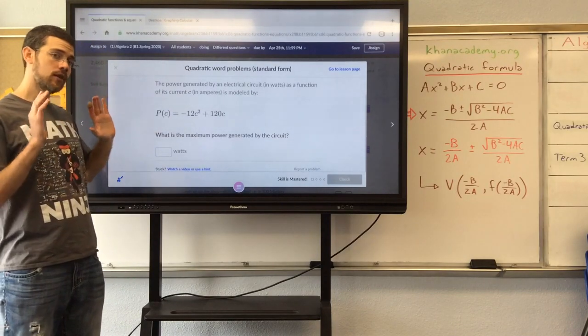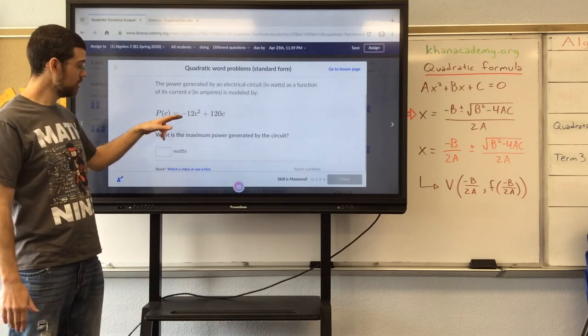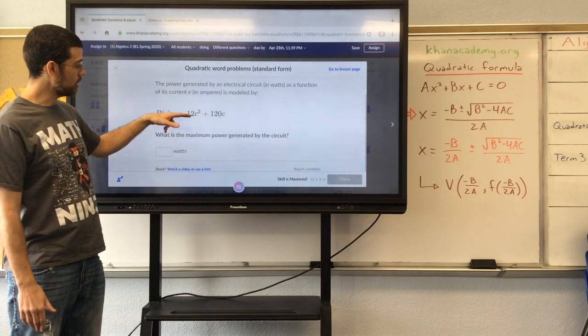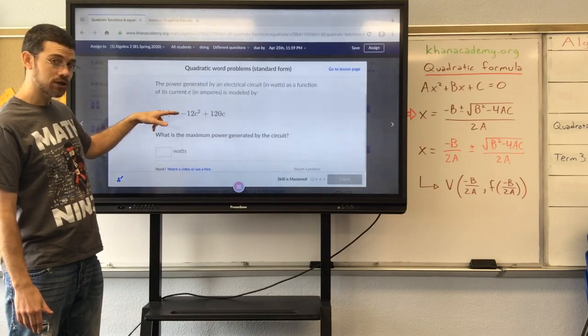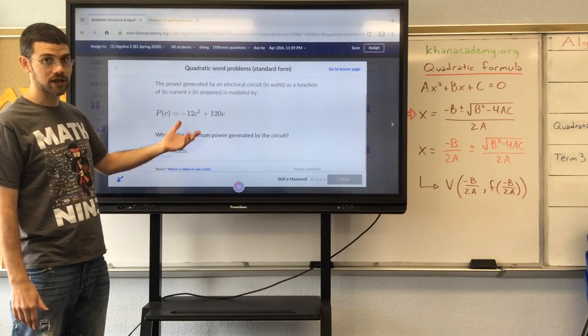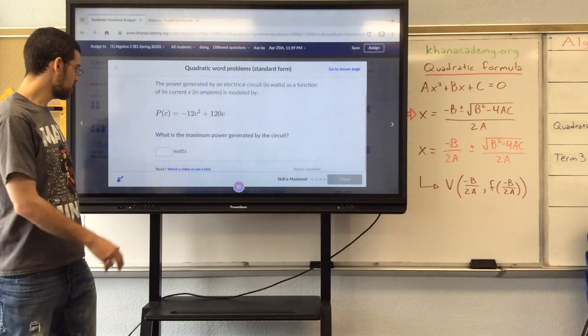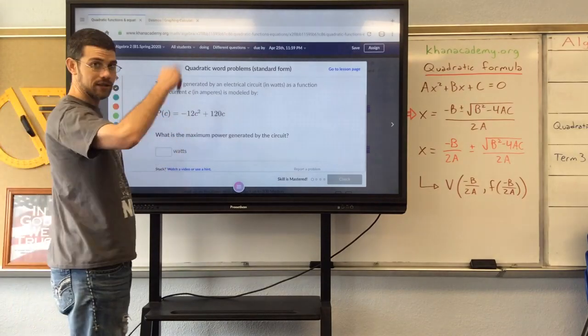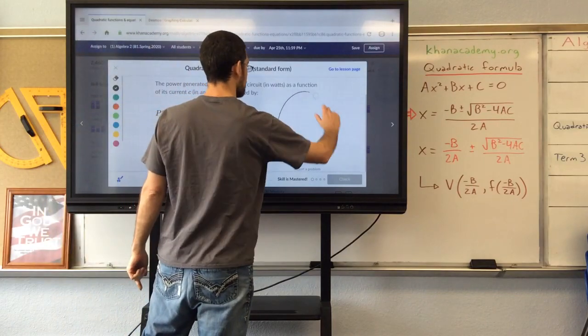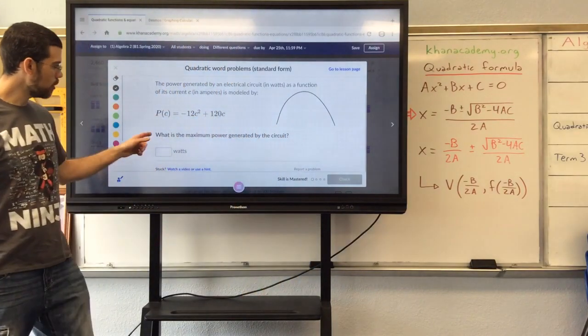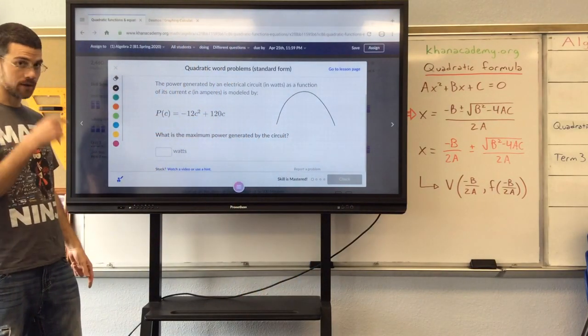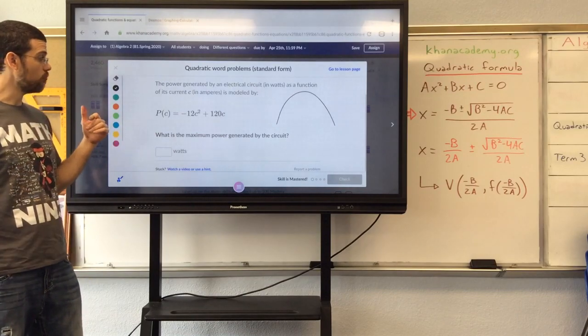Okay, this is a quadratic function, and so we look at the coefficient on the x squared term, in this case the c squared term, and it is negative, which tells us that this parabola opens down, so it looks like this. They want to know what the maximum power generated by this function is.